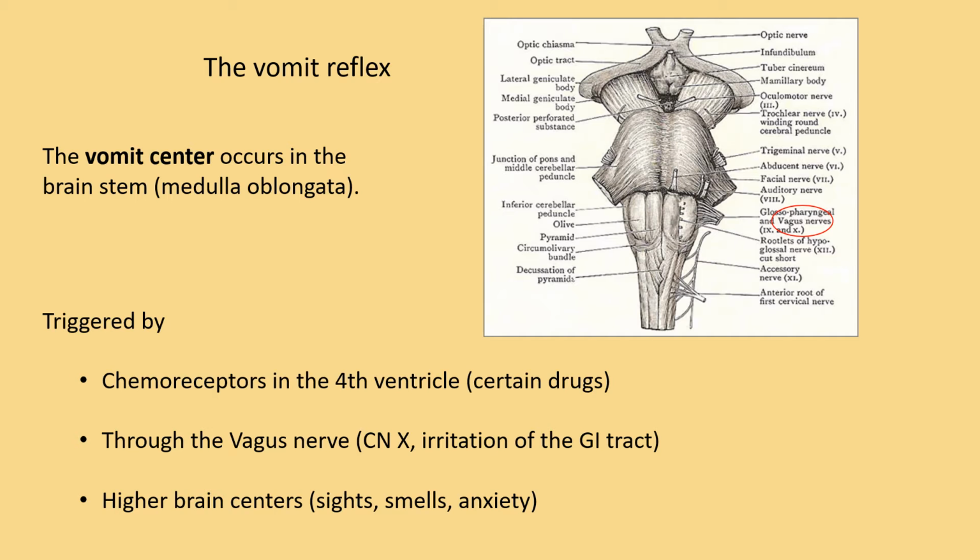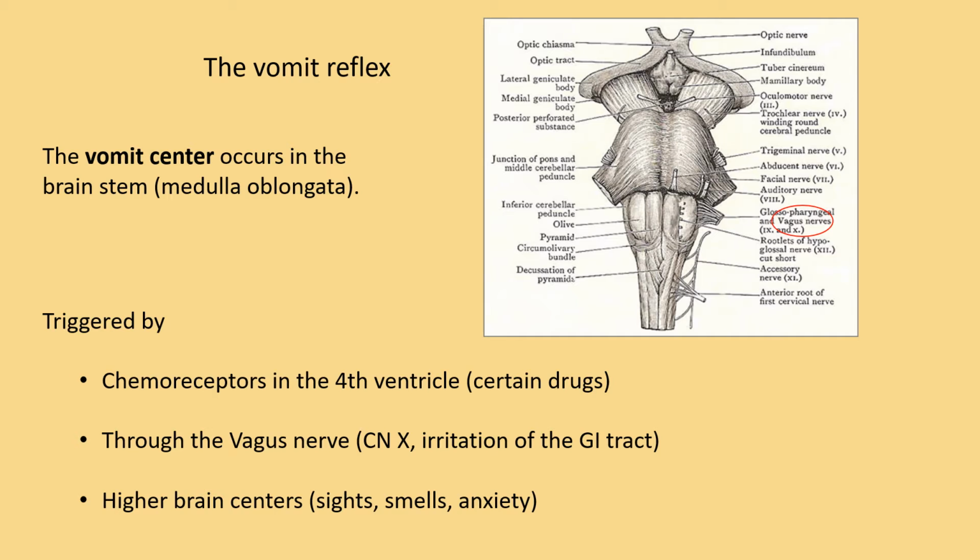It also involves salivary glands. Have you ever noticed that before you vomit, you start to salivate, and that saliva acts as a lubricant to help move the contents of your stomach out through your mouth? But of course, there are skeletal muscles involved as well.